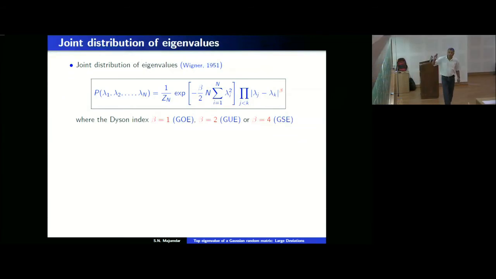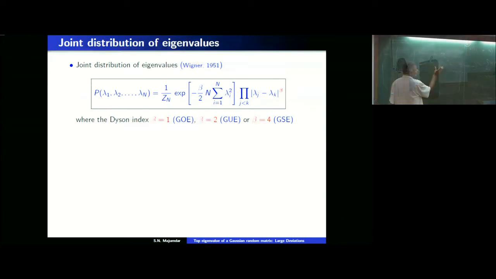For rotationally invariant ensembles, what happens, and I'm just telling you without showing it explicitly, is that the eigenvalue degrees of freedom get separated from the eigenvector degrees of freedom. So you can just integrate over the eigenvectors quite easily.